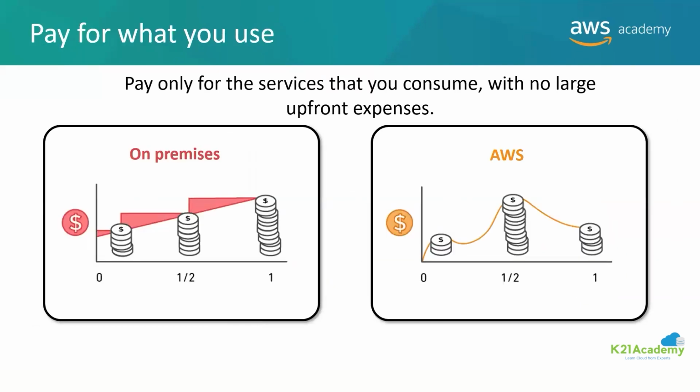So you can see pay for what you use. Unless you build data centers for a living, you might spend too much time and money building them. In AWS, you pay only for the services that you consume, with no large upfront expenses, so you can lower variable costs.